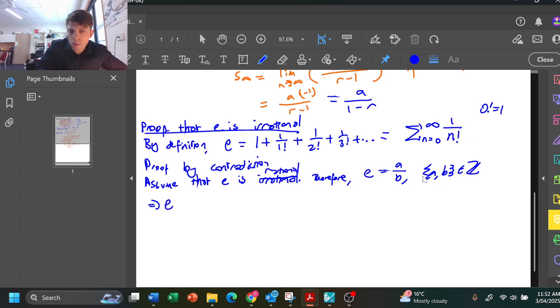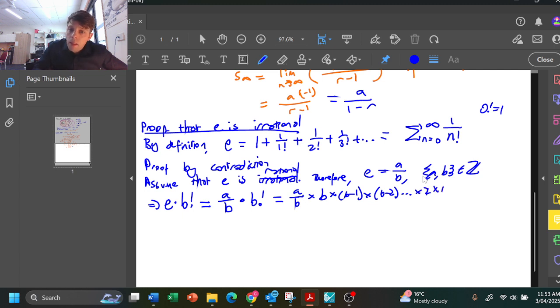What we're going to find is if we multiply e by b factorial, we are going to get an integer. What do I mean by that? Well, if I take e, times it by b factorial, and if we accept that e is equal to some a divided by some b, notice that when I multiply it by b factorial, and if we remember b factorial means b times b minus 1 times b minus 2, etc., we're going to get a over b times b times b minus 1 times b minus 2, all the way down to times 2 times 1.